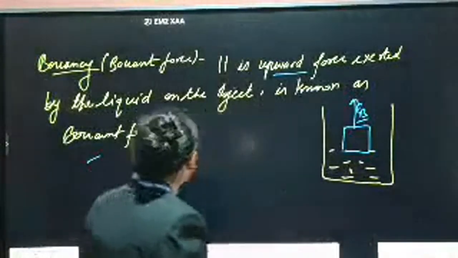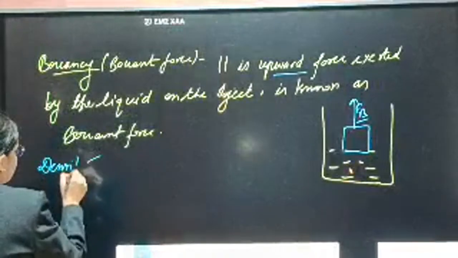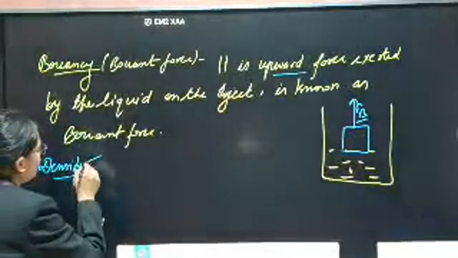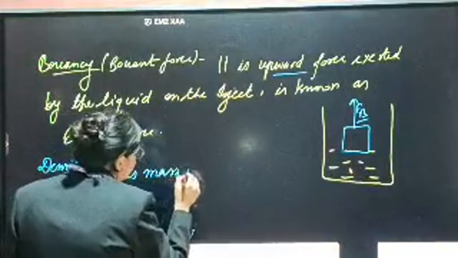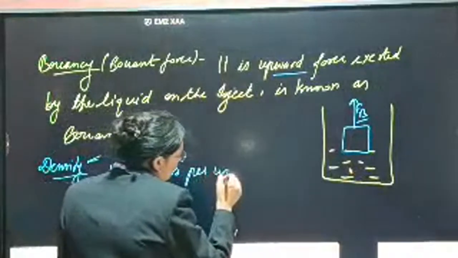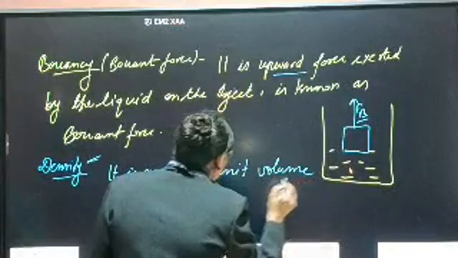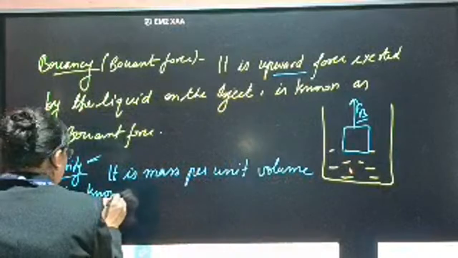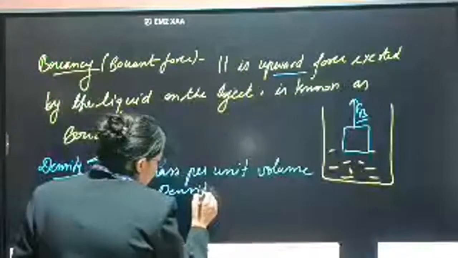Next one more, beta, density also. What is density? Density is mass per unit volume. Okay, mass per unit volume is known as density.